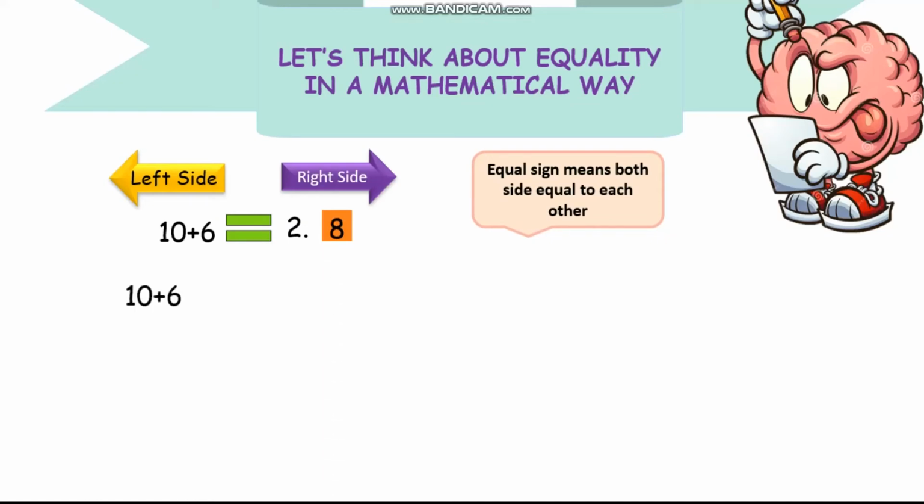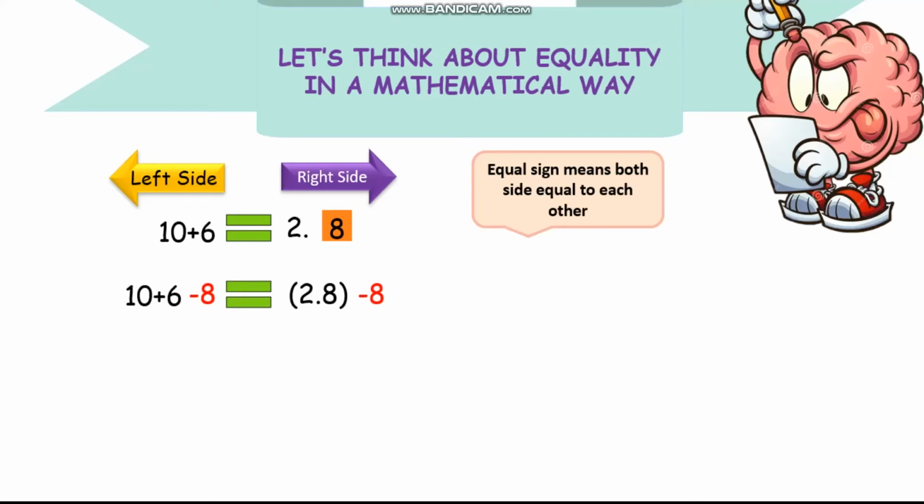Yes, let's say that I subtract 8 from the left side. And in order to keep the same value, what should I do here? Yes, I should also subtract 8 from here.